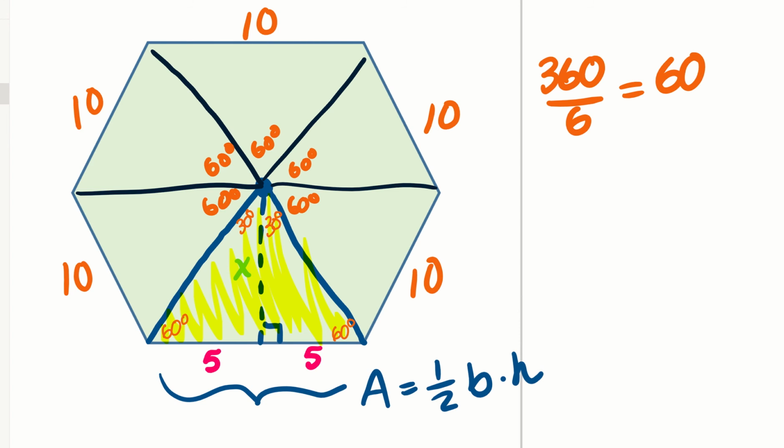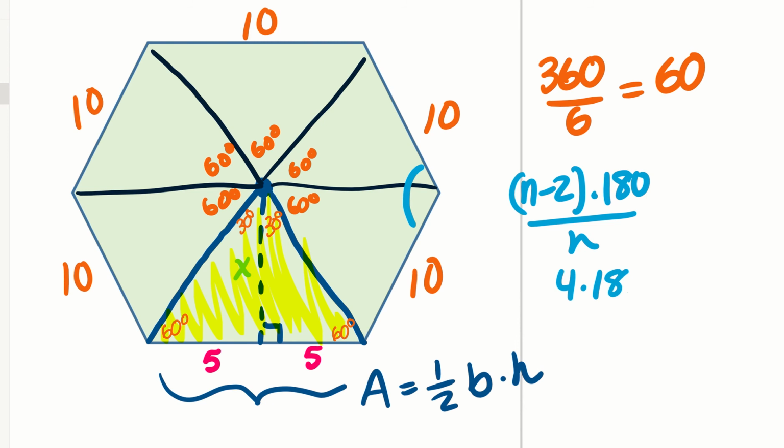But just to prove to ourselves that this is in fact true and we did the math correctly, I'm going to go one step further and find the measure of one of my vertices using one of the formulas we talked about in a previous section, where I do n minus 2 times 180 and then I divide by my number of sides. So since I have 6 sides, I'm going to do 4 times 180 divided by 6.